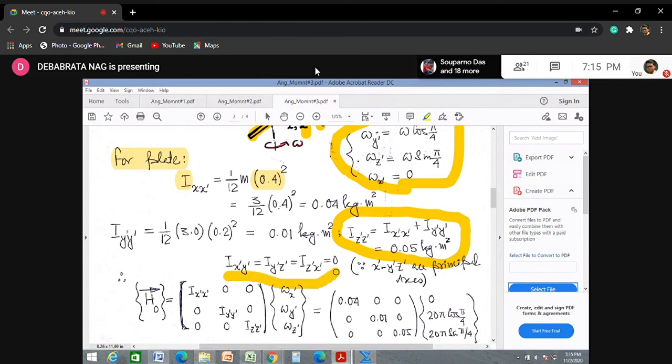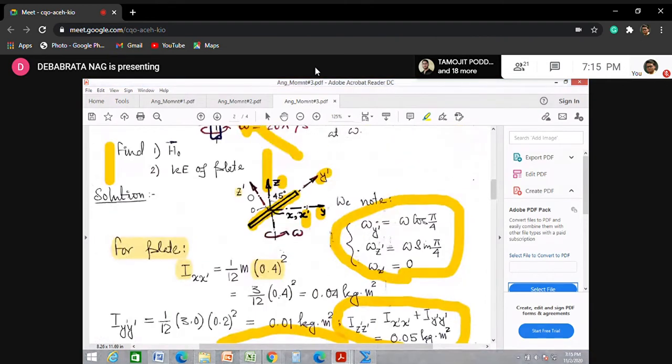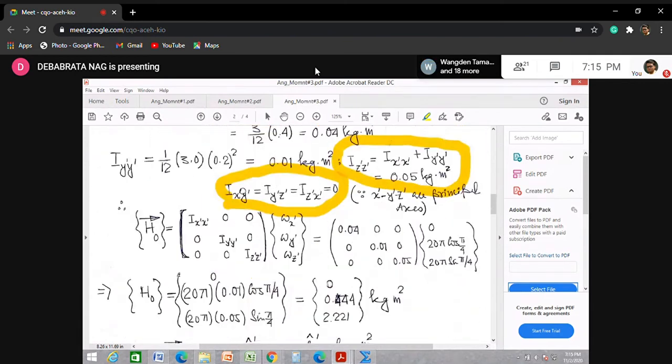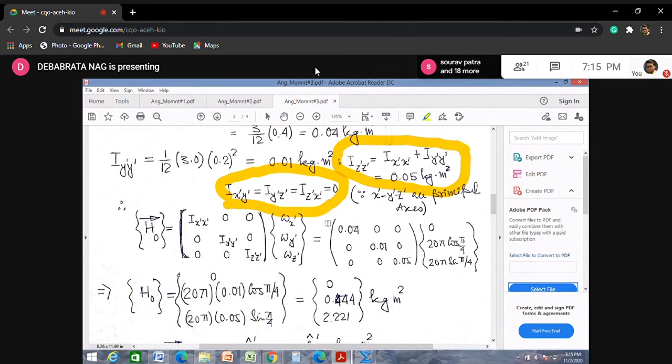And also I note that all the product moment of inertia terms are 0. Because you see this x dash, y dash and z dash axes for the rectangular plate are the principal axes of inertia. Correct? So all the product moment of inertia terms are 0. Why are they principal axes of inertia? Because your rectangular plate has two planes of symmetry, or two lines of symmetry, in a rectangular plate.